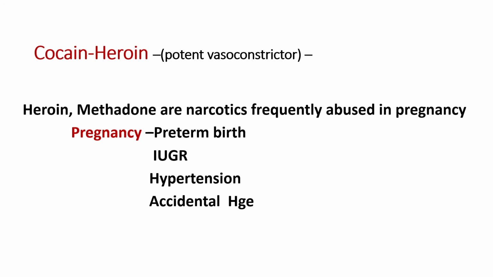With the use of cocaine or heroin, heroin and methadone are the narcotics which are frequently abused in pregnancy. They result in preterm birth, intrauterine growth restriction, hypertension, and accidental hemorrhage.